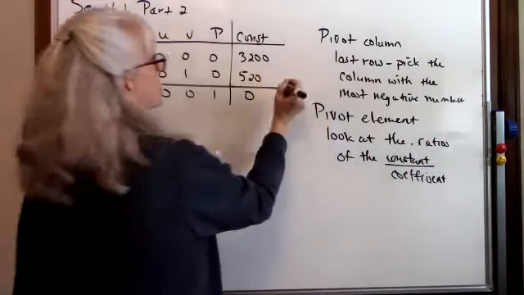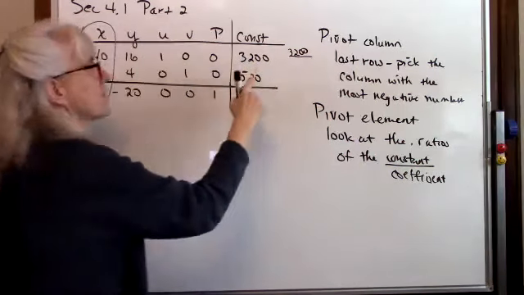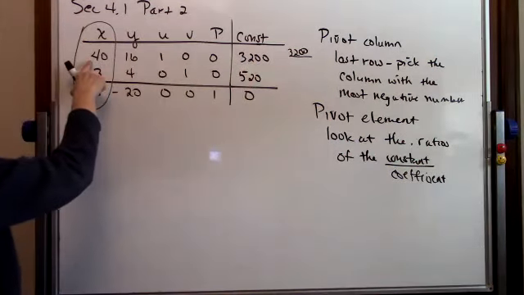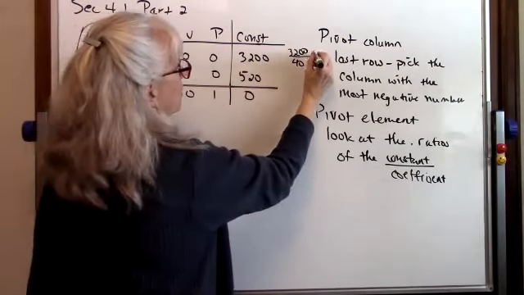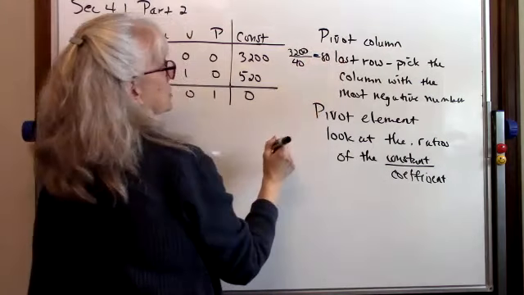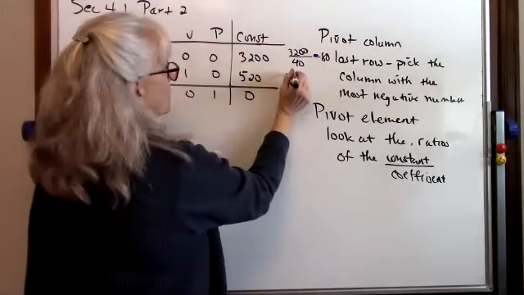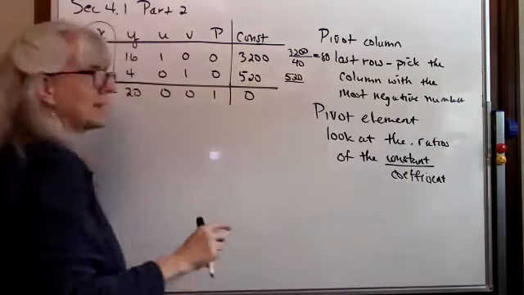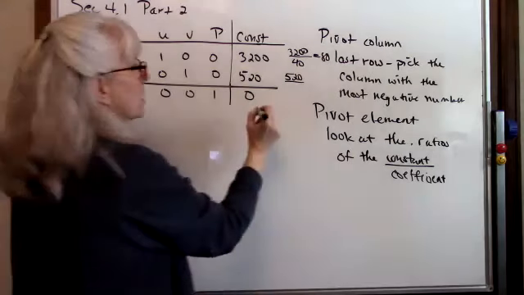So if we take a look at those ratios, we're taking the 3200, that's our constant, and we're going to divide it by the coefficient that's in the pivot column, that's the 40. And that would be equal to 80. Sorry, that's a little squished in there. For the next row, we're going to take its constant of 520 and divide it by its coefficient in its column, which is a 3.